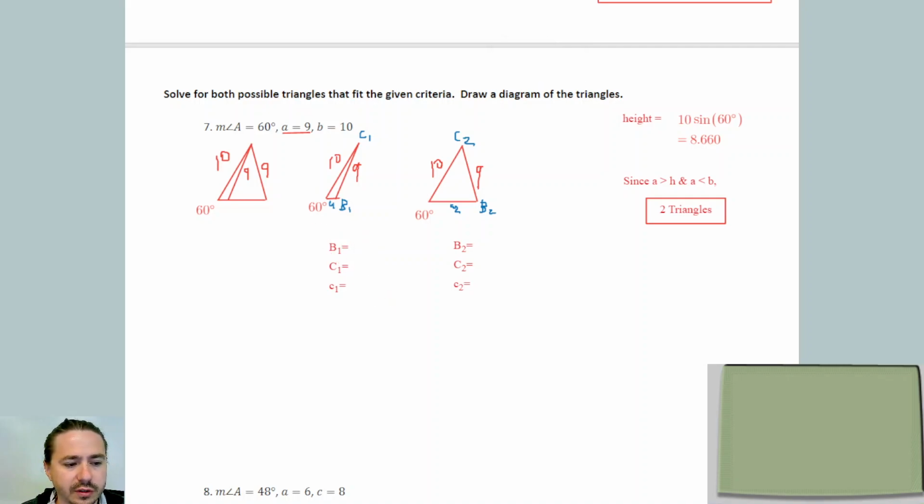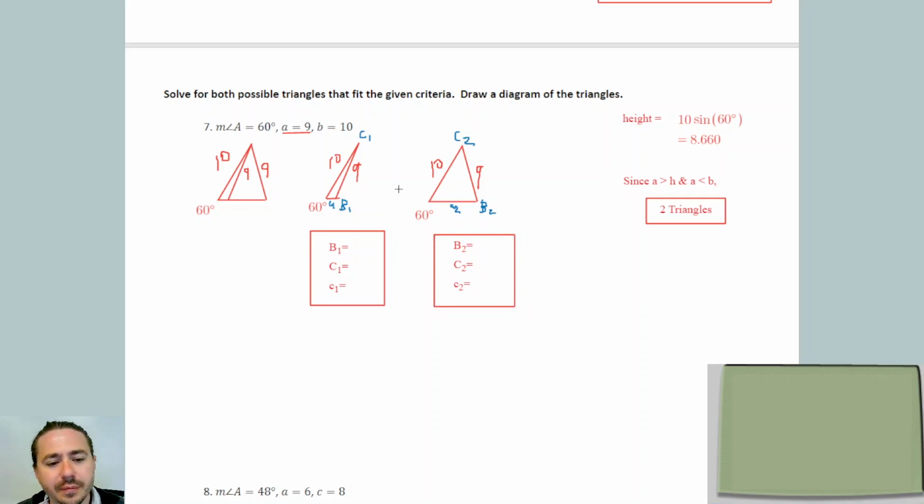Now, the first thing we'll solve for is, I'll make a little box here so I know this is where my answer is going to go. Let's try to solve for the missing B angle, and we'll use the law of sines to do that. So let's set up a law of sines using this pair that we have, the 60 degrees and the 9.